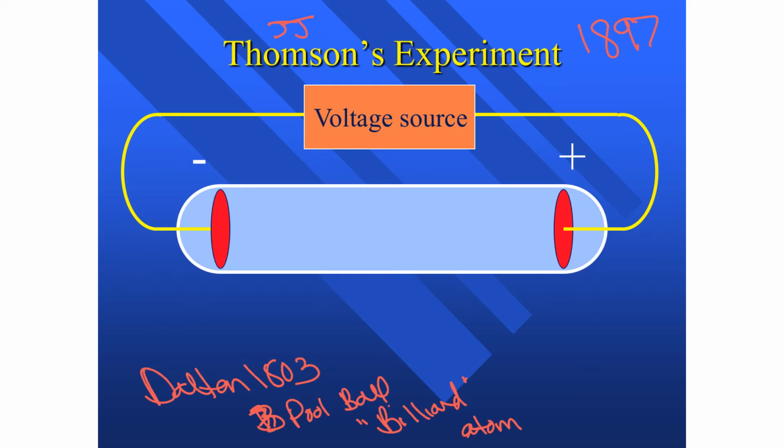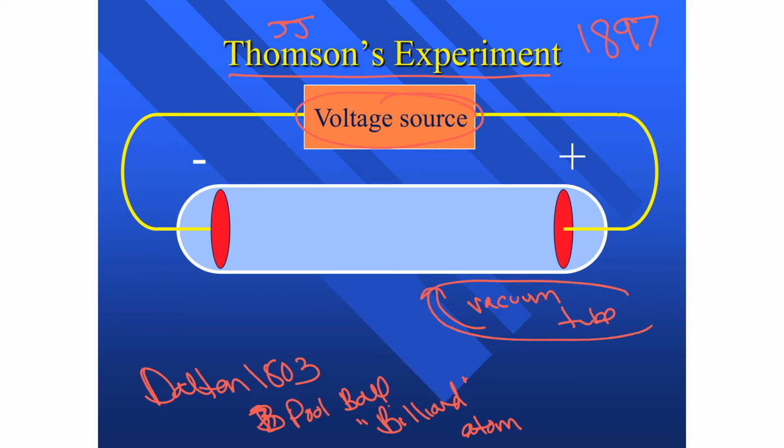And this is what he did. At that time, people had just figured out how to make something called a vacuum tube. They took a piece of glass tubing and sucked all the air out of it. And then they ran an electrical current through it. We were just learning about electricity then.